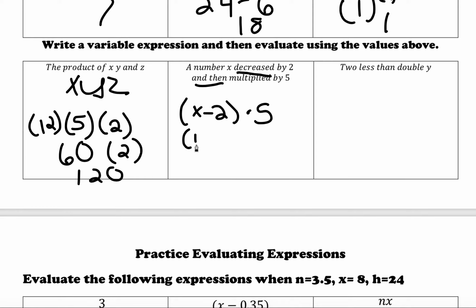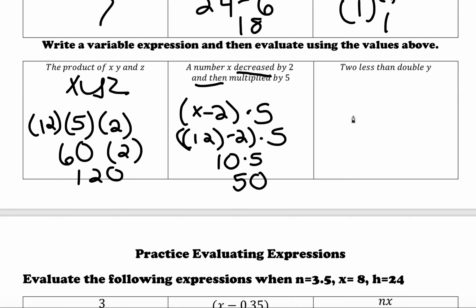So this would be 12 minus 2 times 5. 10 times 5. Order of operations, I do the parentheses first. We get 50.